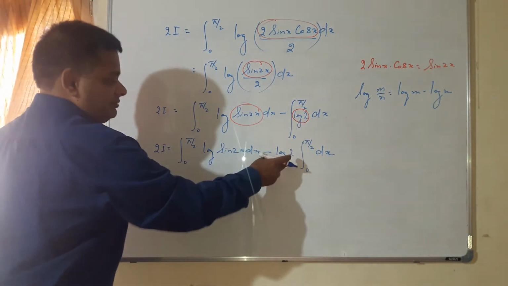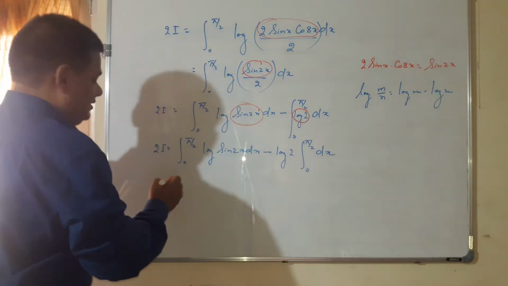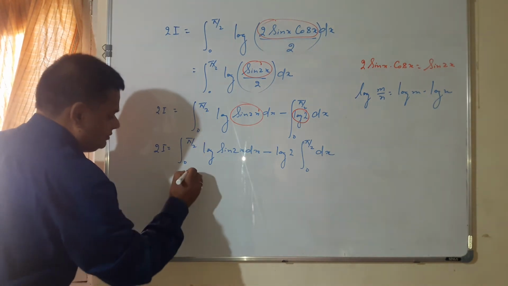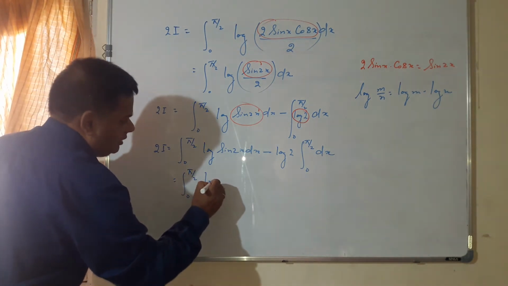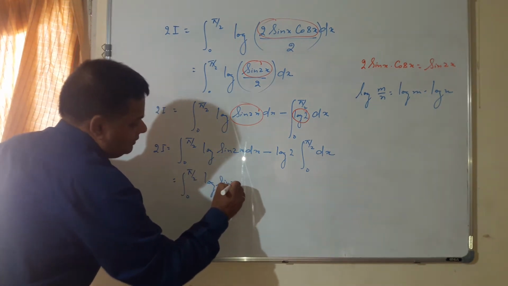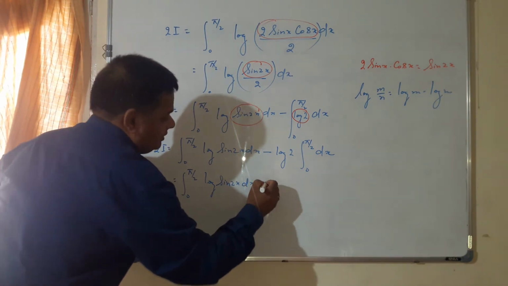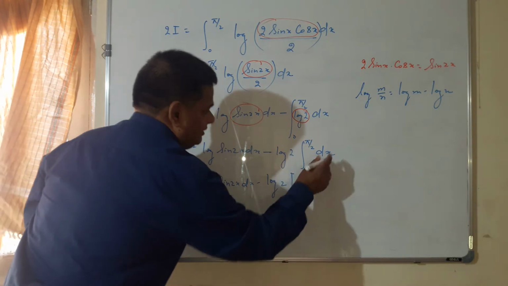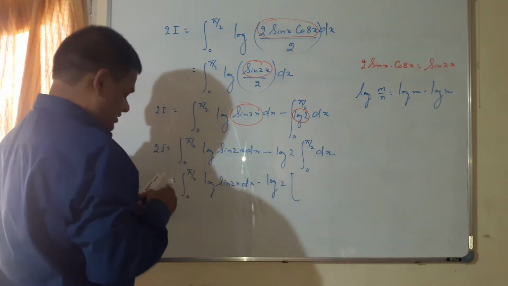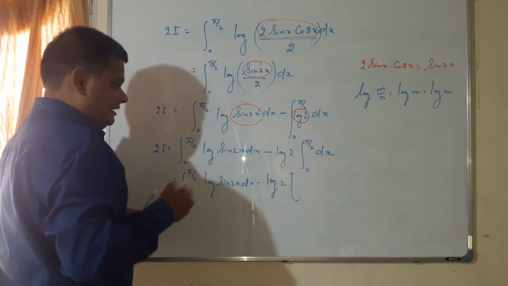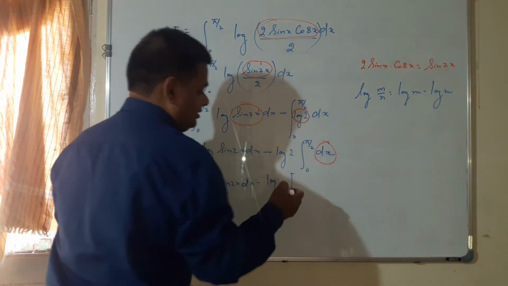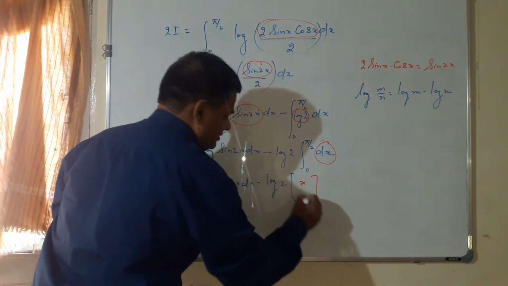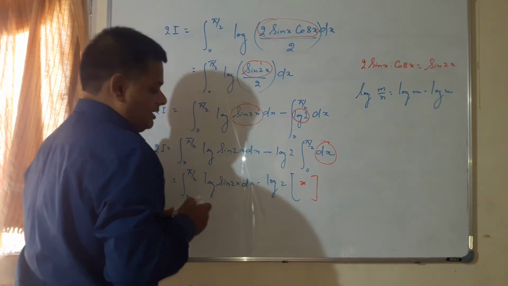Because log 2 is constant, it comes outside. The integration of dx is x, from 0 to pi by 2.